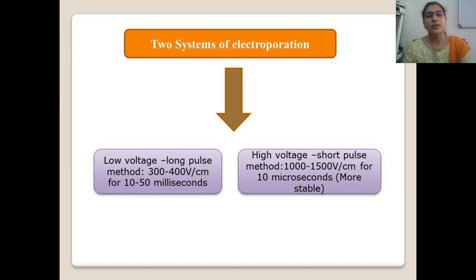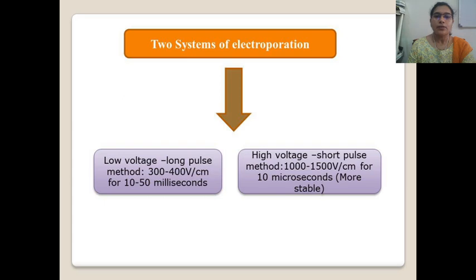Now, there are two systems of electroporation. The first, low voltage long pulse method. The intensity of the electric pulses ranges from 300 to 400 volts per centimeter for 10 to 50 milliseconds. Whereas second, the high voltage short pulse method.